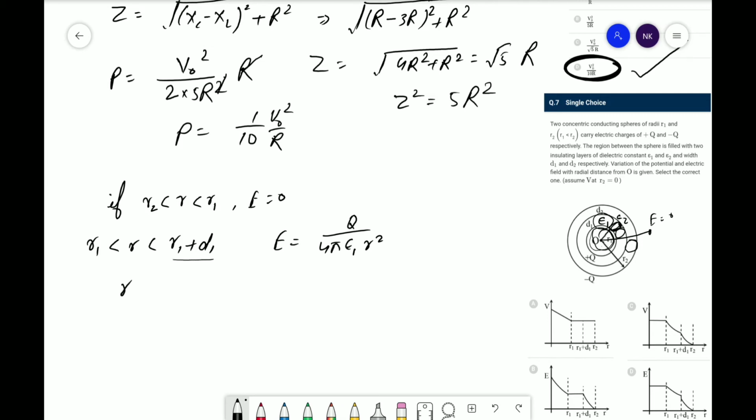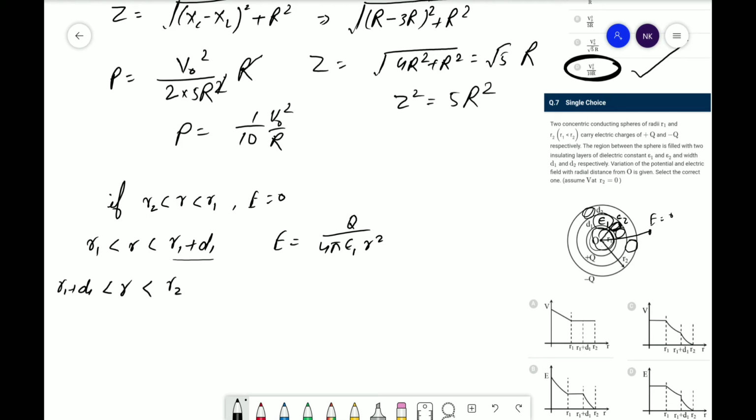Now the second condition: r can be greater than r1 plus d1 but must be less than r2, which means we are talking about this region.